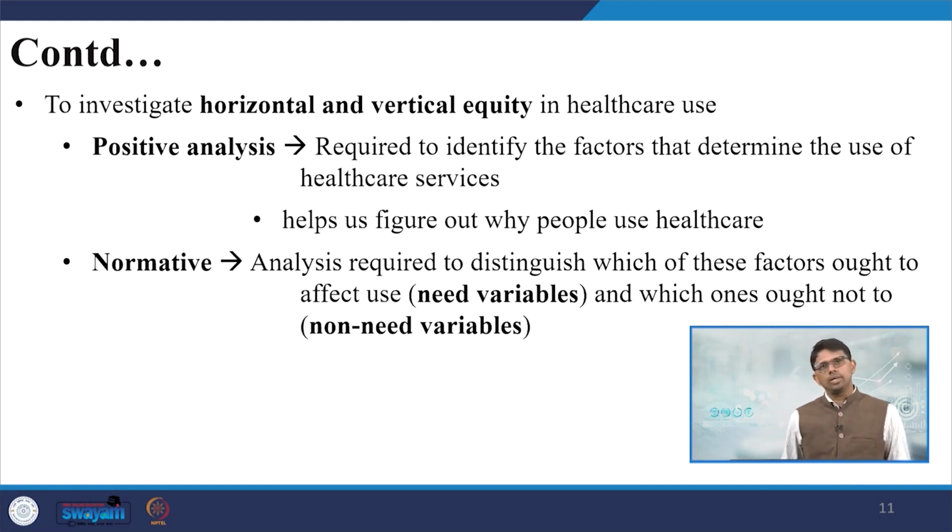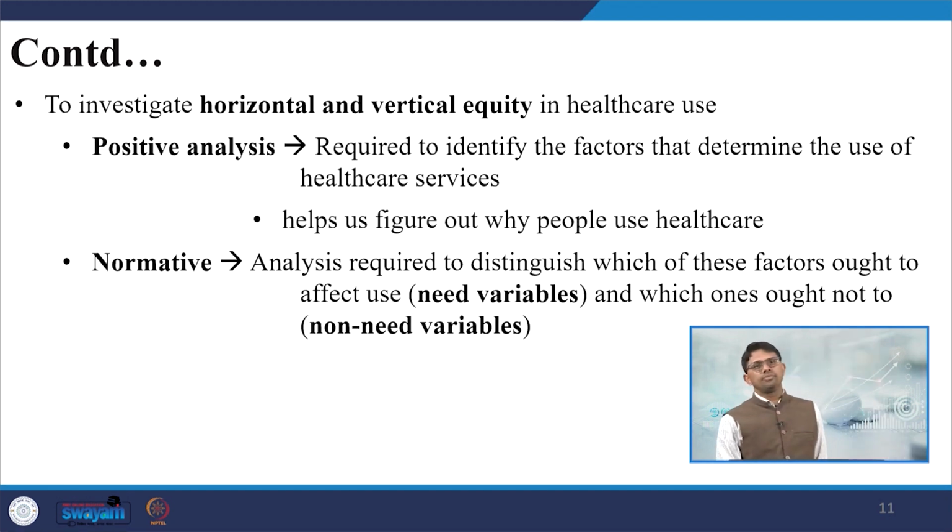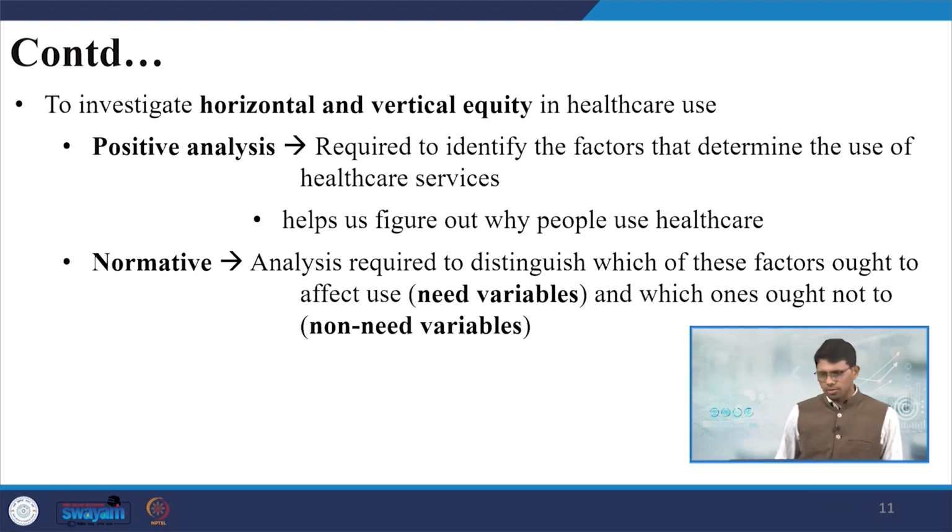Whereas the normative one is really defining the core value of the distribution, where we find out whether a factor ought to affect or ought not to affect. When we do an analysis, we need to distinguish the factors which really affect by need or by non-need variables.